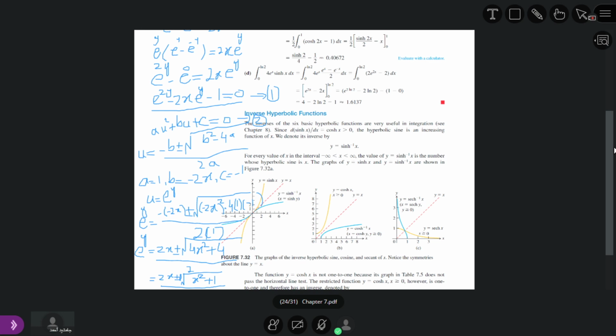After that, we multiply by e power y on both sides. So it becomes e power 2y minus e power 0, equal to 2x e power y.